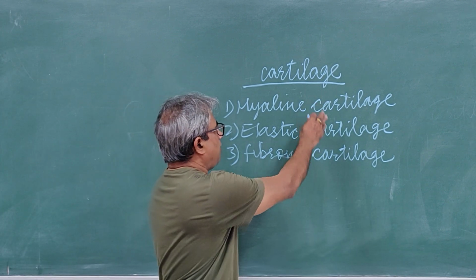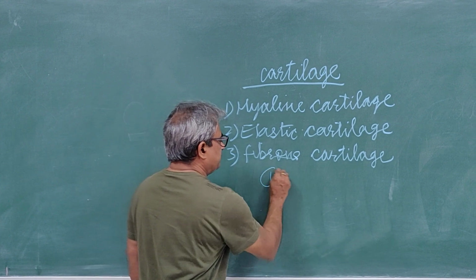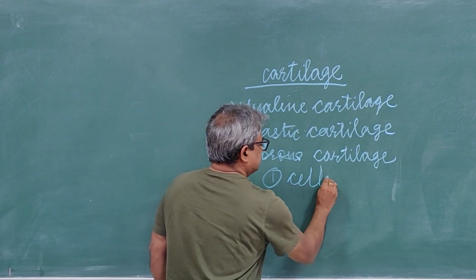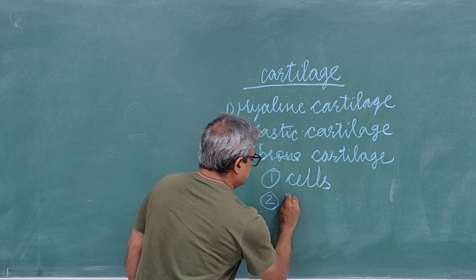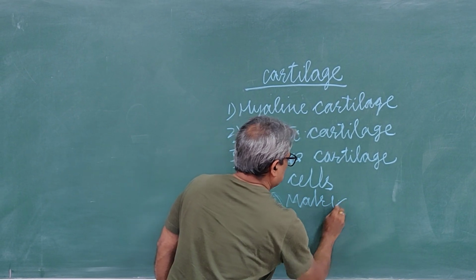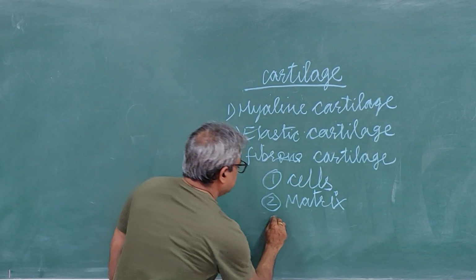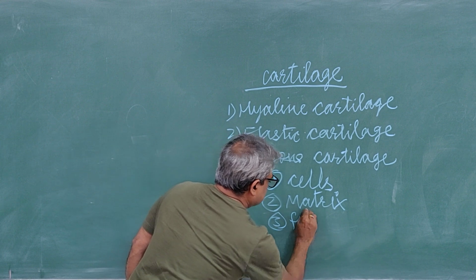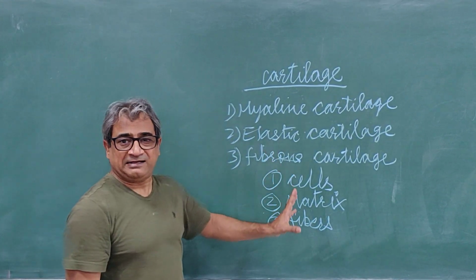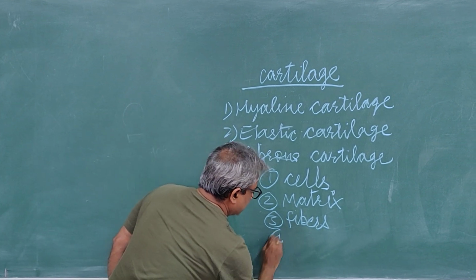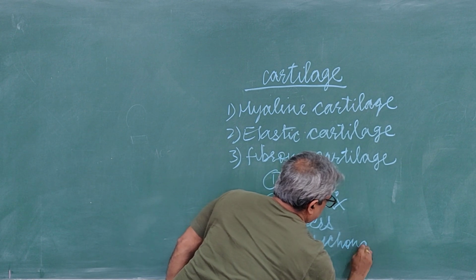As we know further, all these cartilages are basically composed of simpler structures. They have got cells, they have got matrix, an extracellular matrix, and they got fibers. And the cartilage is surrounded by a membrane, which we call perichondrium.